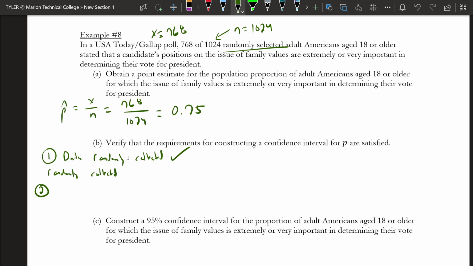The second condition we need, which is important for independence, is that we need little n to be less than or equal to 0.05 times capital N. Right, so I don't know the population size, but what I do know is little n. So if I plug that in, I can solve this for big N and see if it's reasonable to assume that the population is at least that big, right? So little n is 1024.